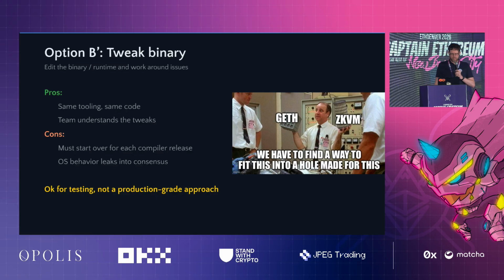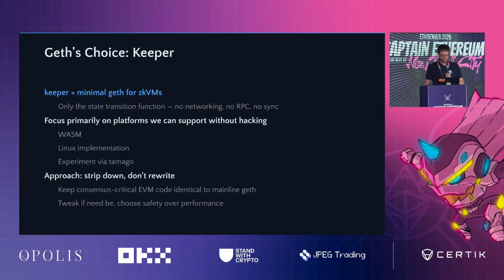So we've made some tests for this. It's kind of working, but it's very experimental. This is not what you want to go in production with. So it's okay for testing, it's okay for optional proofs. But when we get to mandatory proofs, this is not an acceptable solution.